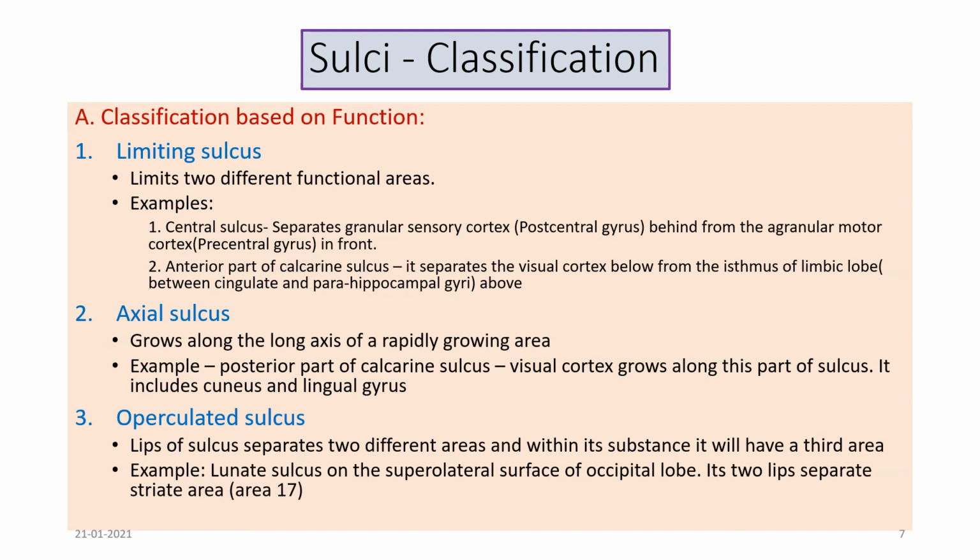This sulcus has two lips that will be separating the striate area, that is area 17, from the peristriate area, that is area 19. And within the walls and floor of the sulcus will be the third area. It is known as the parastriate area or area 18.